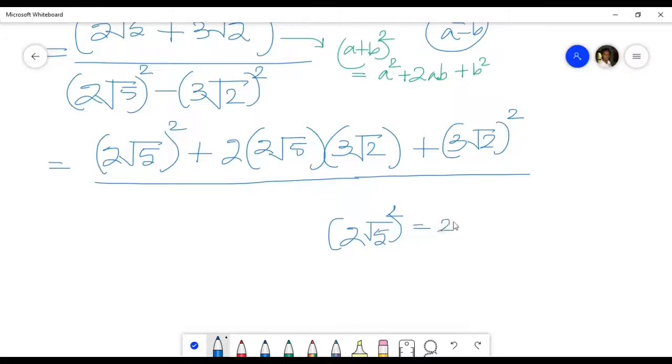So we'll separate it, 2 square into root 5 whole square. And here the square and square root cancels, leaving it as 2 square is 4 into 5. And when we multiply it, 4 5s are 20. So we've got the answer for 2 root 5 whole square as 20.